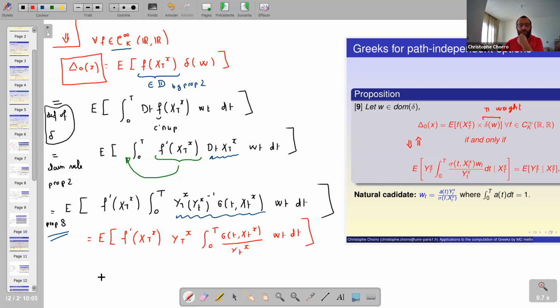So delta_0 is equal to this expression, where you see that the expression I have here is exactly the expression you have here. So how to conclude? I can conclude using the previous lemma.